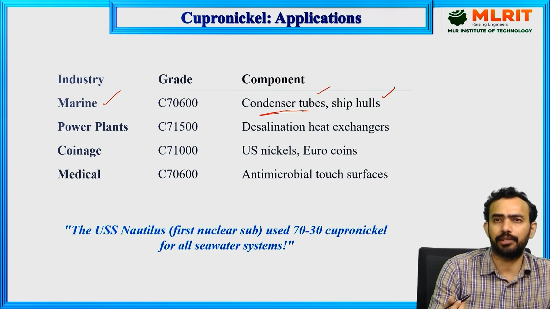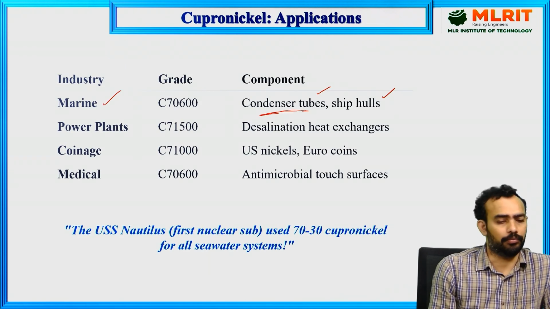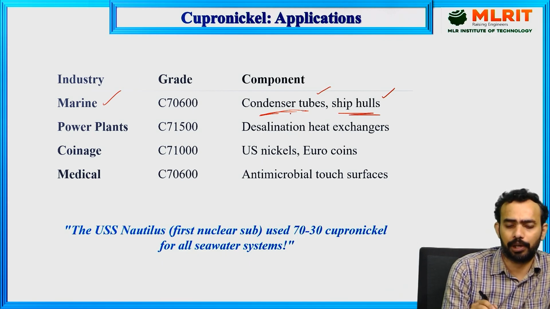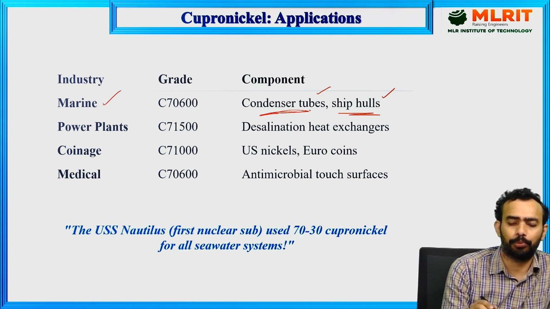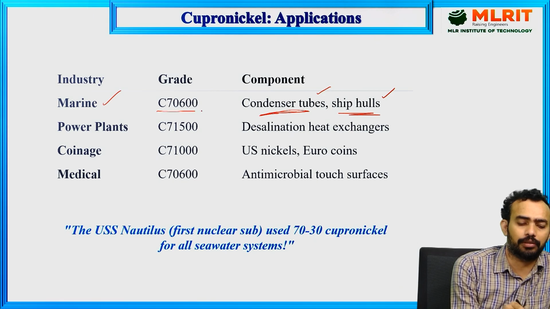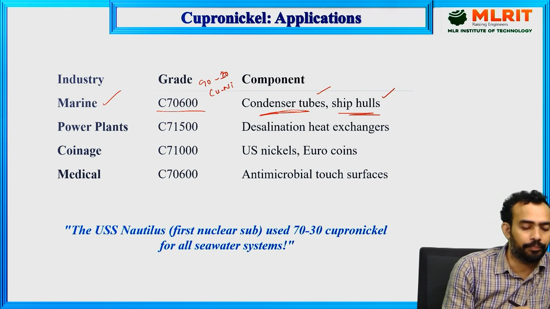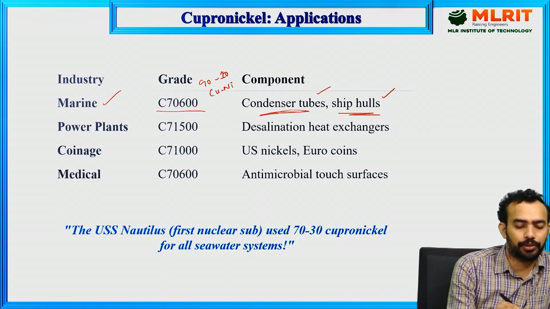Ship hulls can be made out of these cupronickels, and some of the condenser tubes are also manufactured using cupronickel, which is C70600, that is 90/10 copper nickel alloy.